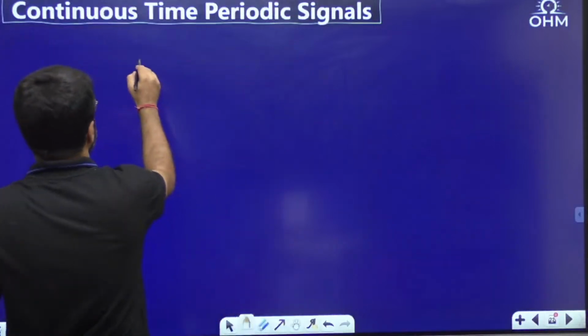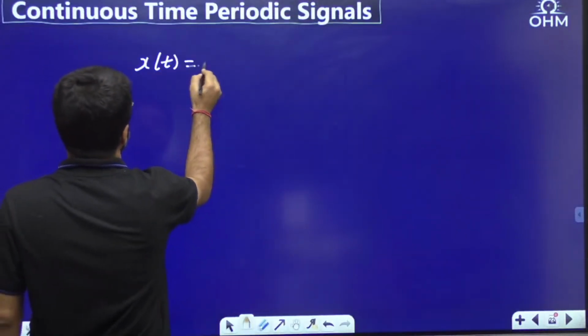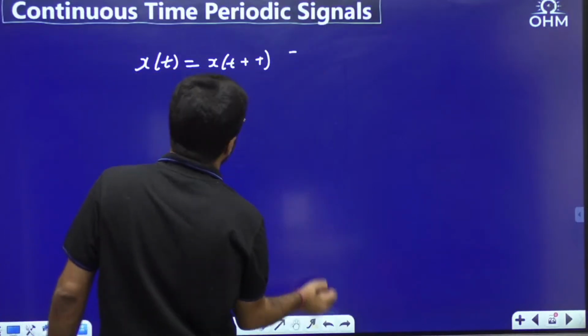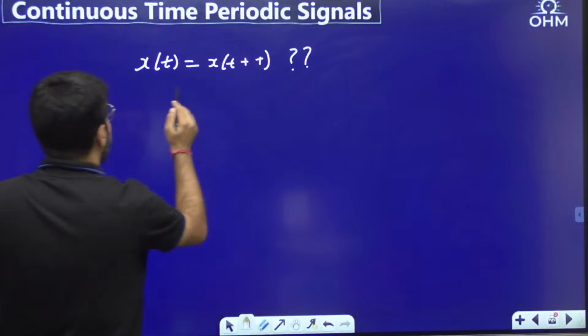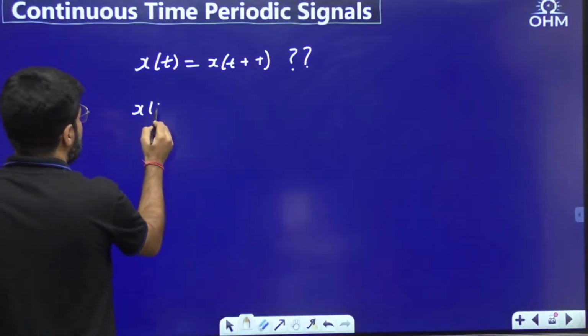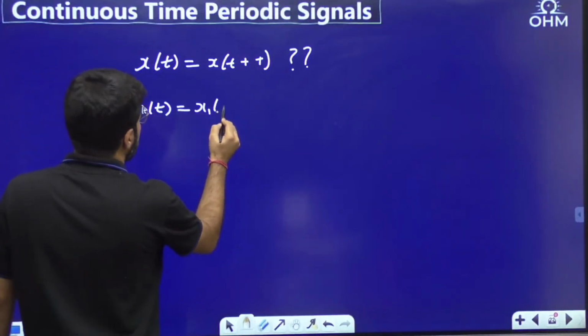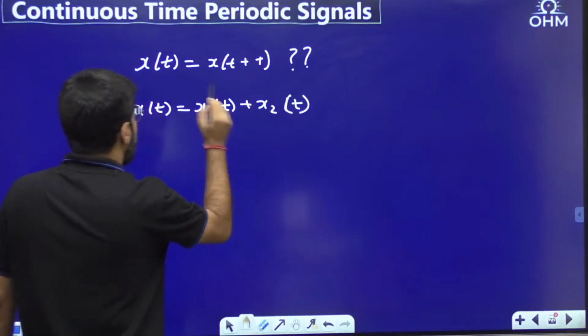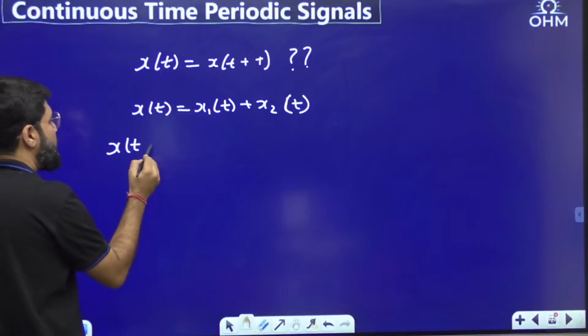Let us test whether x(t) is equal to x(t plus T) or not. What is x(t)? It is x1(t) plus x2(t). So what is x(t plus T)?